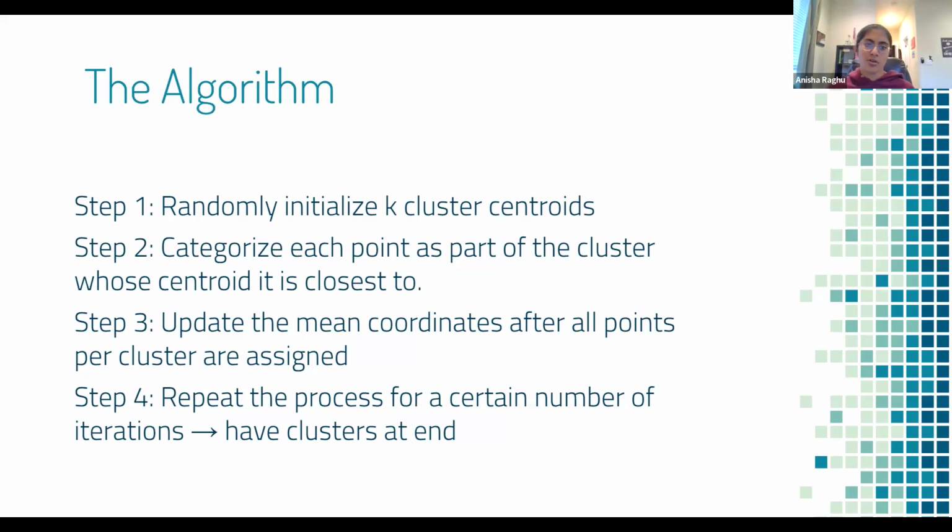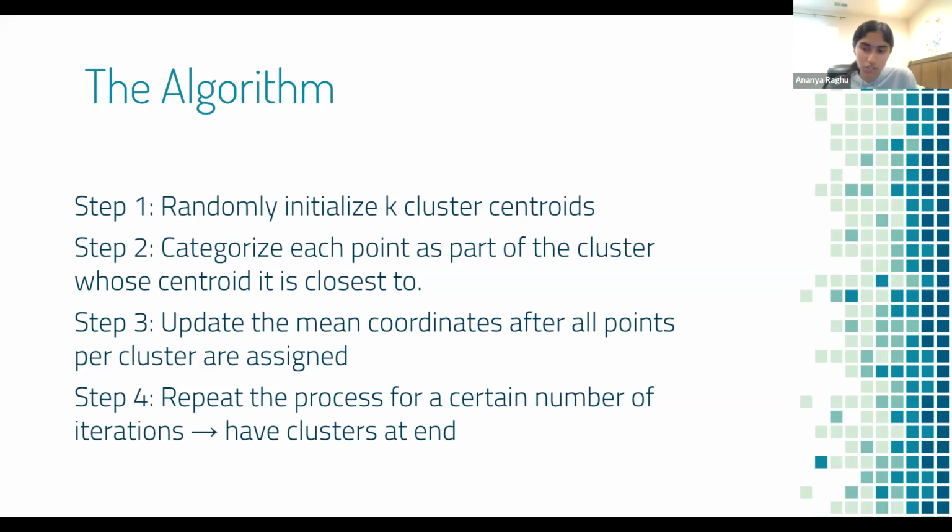So the points near a particular centroid are grouped into one cluster. Once that is done, you update the mean coordinates after all points per cluster are assigned. And you repeat this until you have a definite number of clusters that isn't really changing. And just to add on here, I want to emphasize the fact that we randomly initialize the cluster centroids.